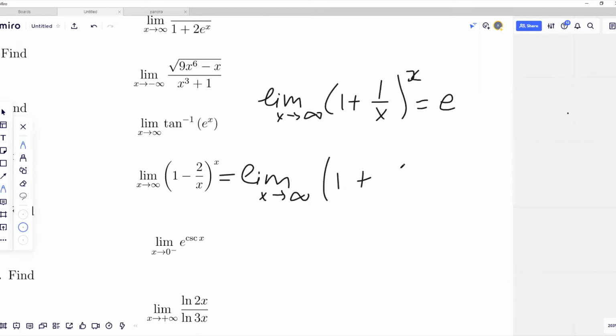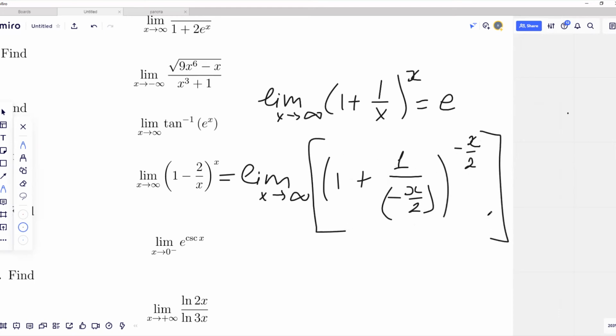We can express that as 1 plus 1 over minus x over 2, to the power of minus x over 2. But we also have to then raise that to the power of minus 2.